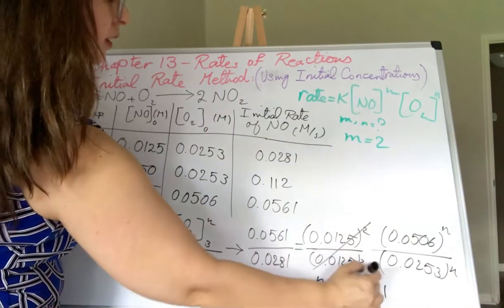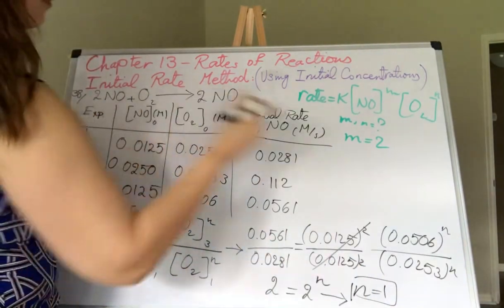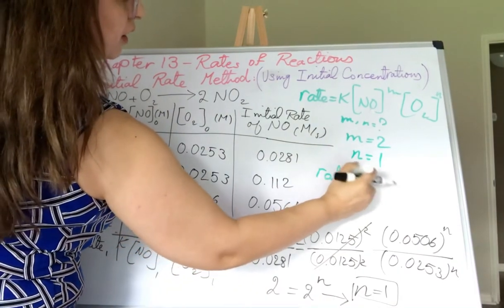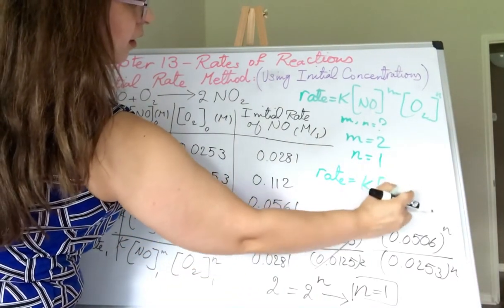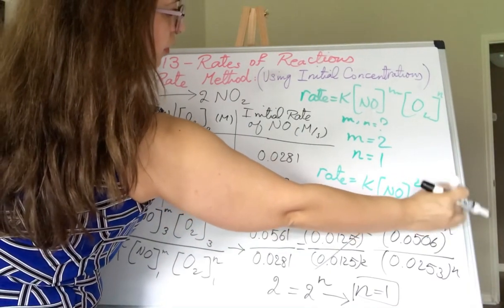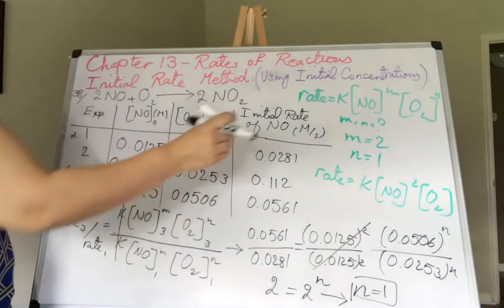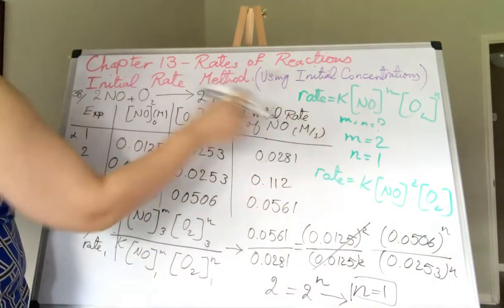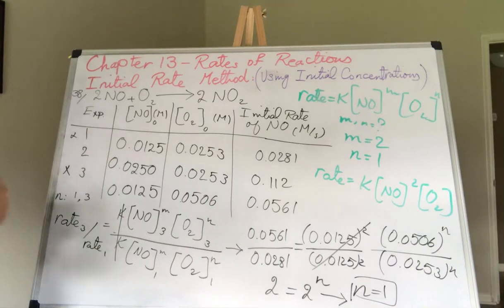N is 1. Now you can write your rate law as K NO squared O2. And if you pay attention, it's a coincidence that this 2 is the same 2 and 1 is 1. It doesn't necessarily happen all the time.